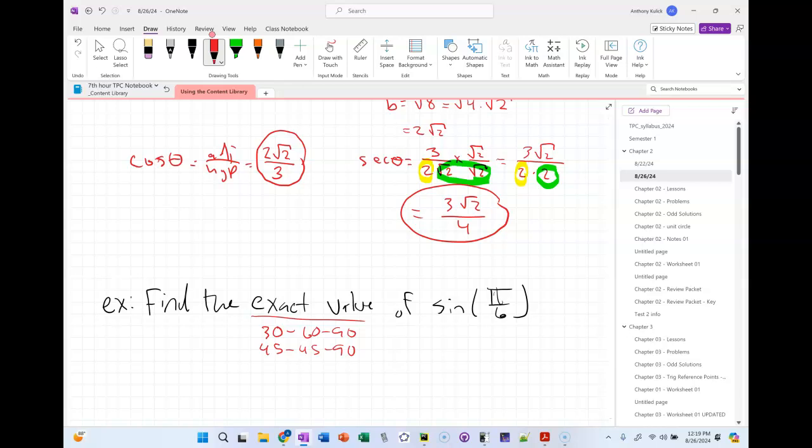I have sine of pi over 6. What the heck is that pi over 6 in there? It's radians. So what's my first order of business going to be? I'm just going to convert that radian measure into a degree measure so I know which stinking triangle to look at.